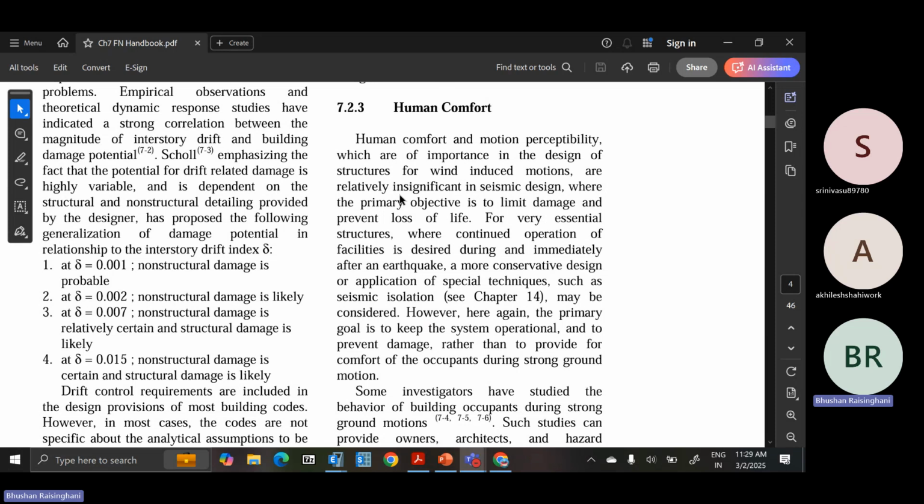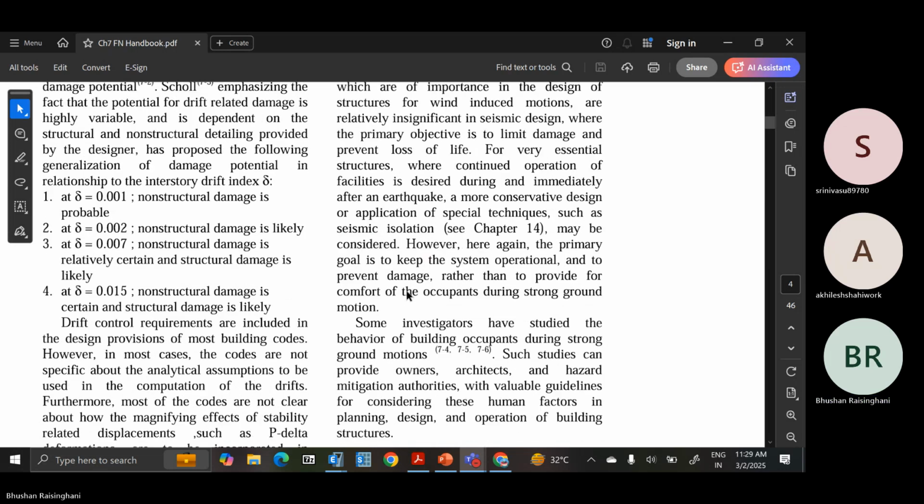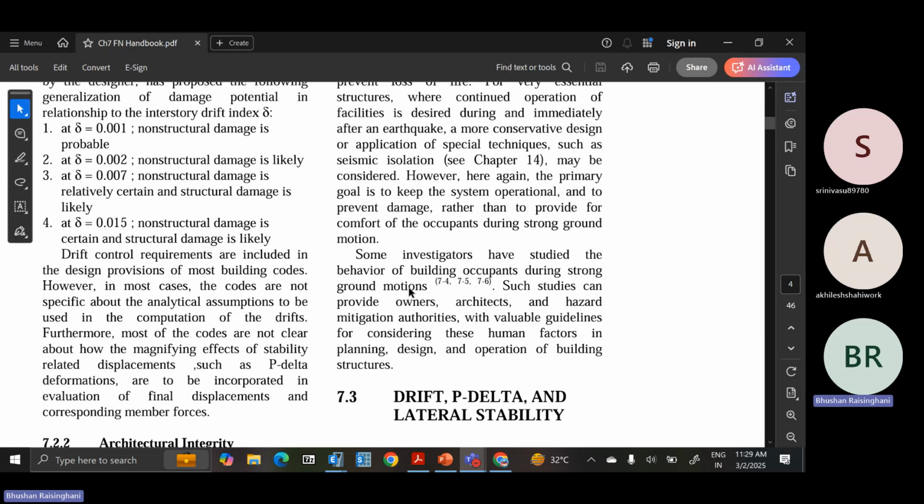So that may lead to continuous discomfort to the occupants, and for that we have to employ different aspects like dampers or higher stiffness, bracings. All those things have to be taken into picture very seriously. So this comes into picture in very high-rise buildings, or let's say any building which is more than 30-40 stories, and all buildings that are slender in nature.